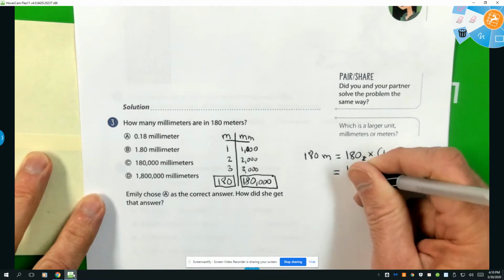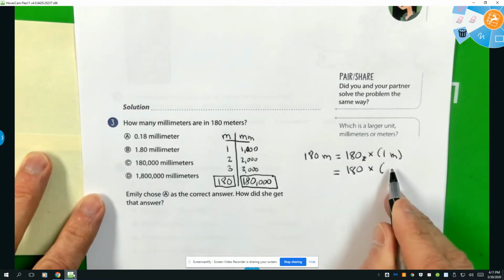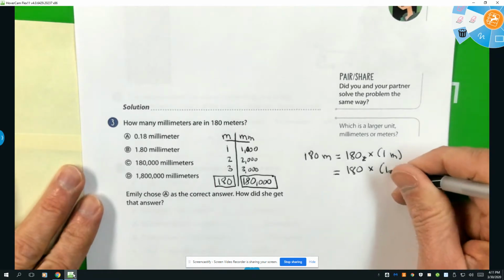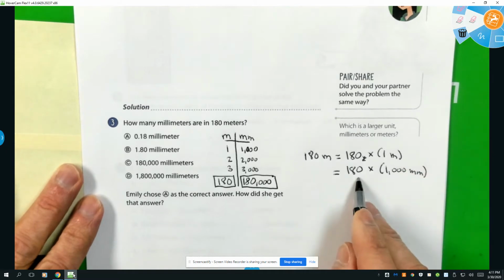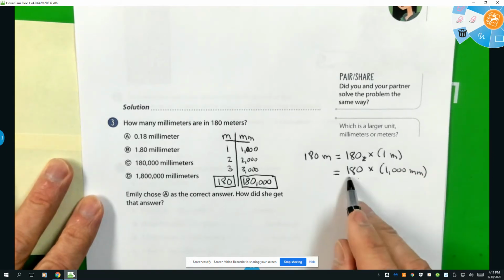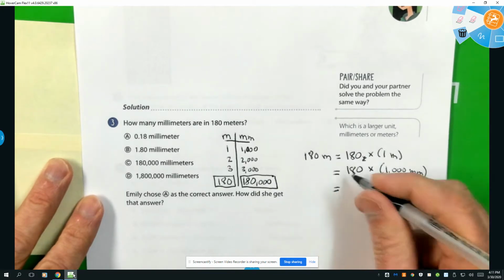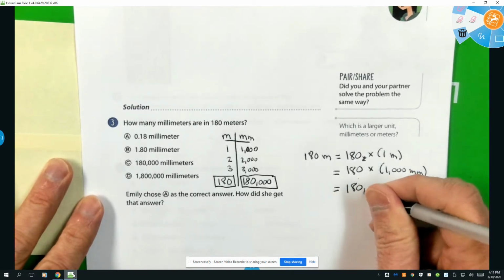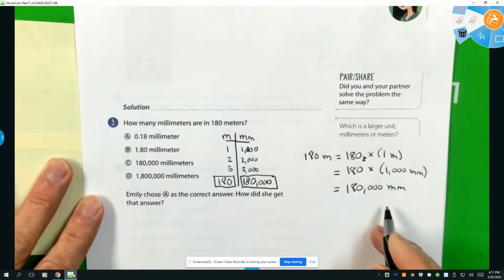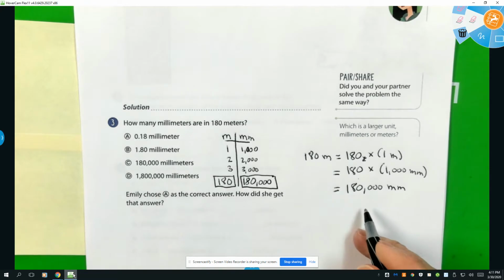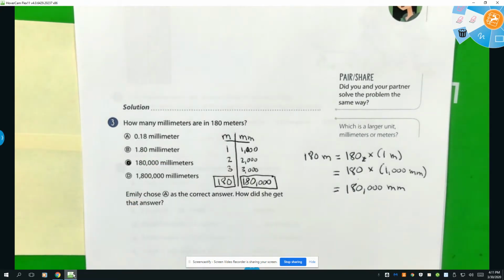That's the same as saying 180 times how many millimeters are in a meter? 1,000 millimeters. So 180 times 1,000, I can just take 180 times 1 and add the 3 zeros to the end, and that's going to equal 180,000 millimeters. So which one's that going to be? It's going to be letter C.